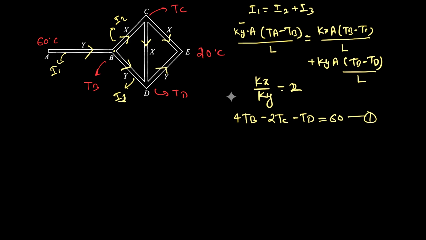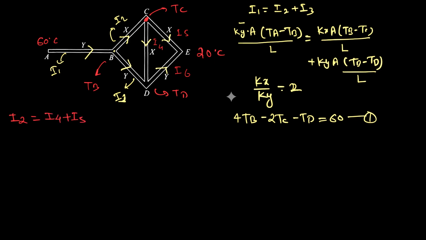Now if I apply the same rule for junction C, the incoming current you can see is I2. Let's say this one is I4, this one is I5 and this current is I6. So for junction C, I2 should be equal to I4 plus I5.